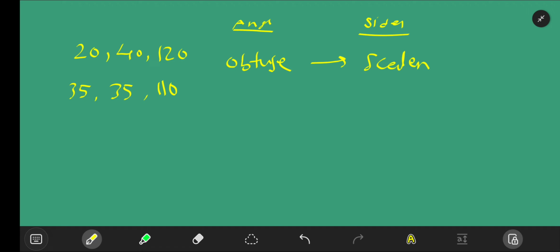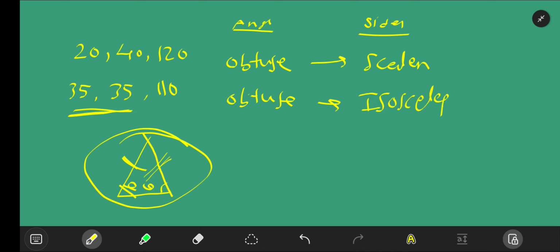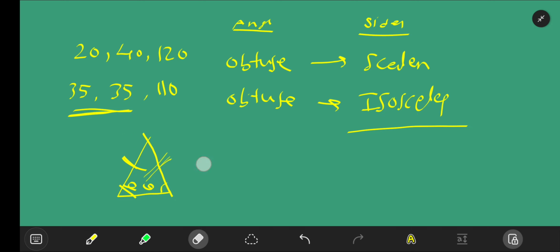Here, if you see, this angle is greater than 90 degrees, so one angle is greater than 90 degrees, so it is called an obtuse angle triangle. This triangle is also an obtuse angle triangle. And two angles are equal here, 35 degrees, 35 degrees. When two angles are equal, then two sides are equal. So this type of triangle we call an isosceles triangle.